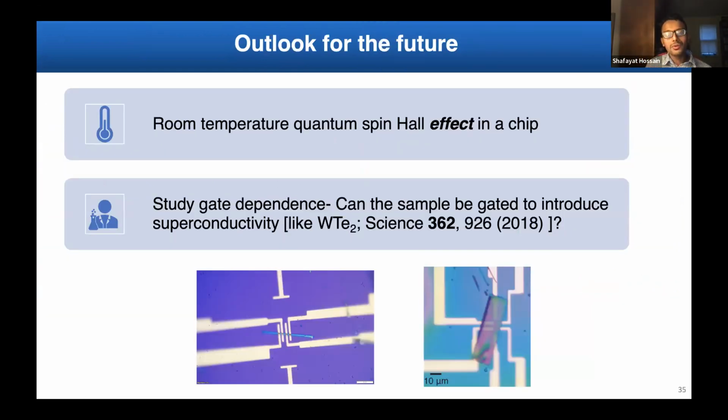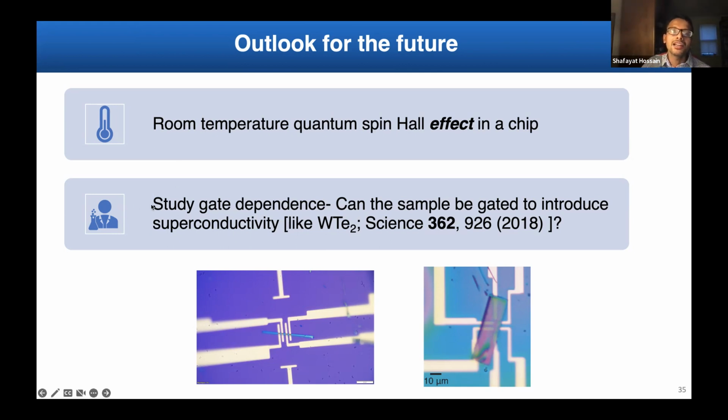So the outlook, well, we have been trying to realize a room temperature quantum spin Hall effect, but luck has not been very generous to us. This is a very long project, and we have made some devices, but still not too much success.